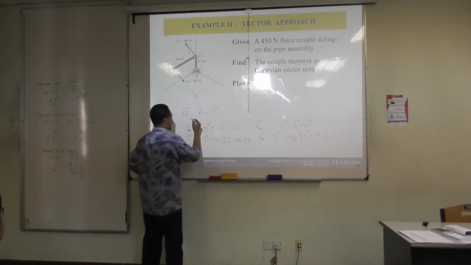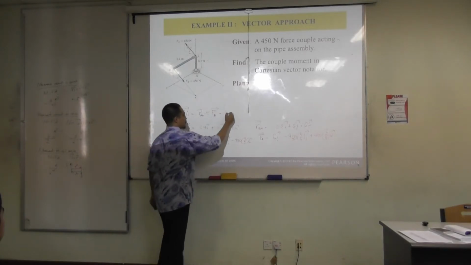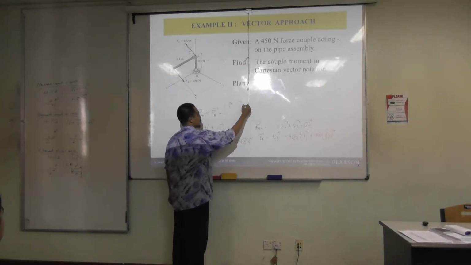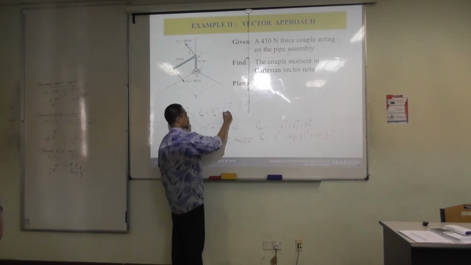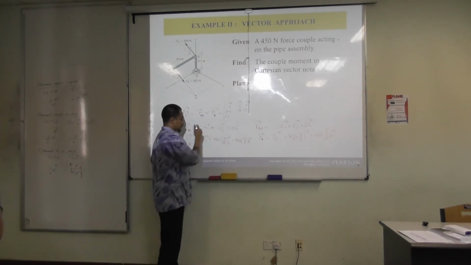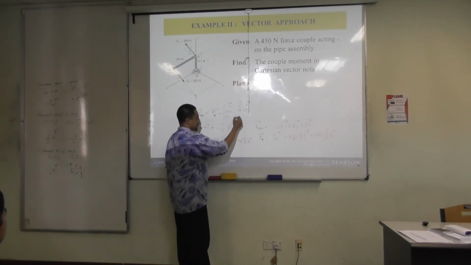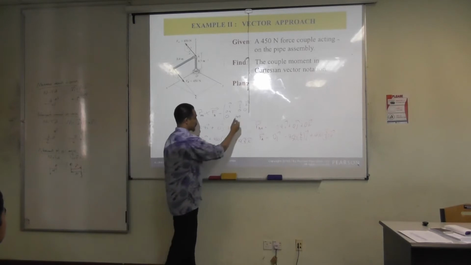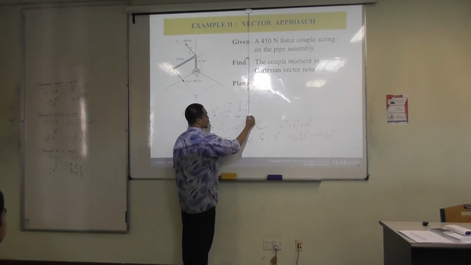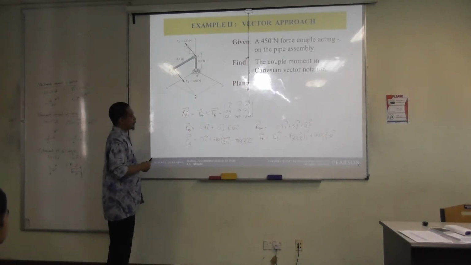For example, if you say, okay, I use RAB cross FB, straight away you do i, j, k, and then this one 0.4, 0, this one, right, and then you solve.